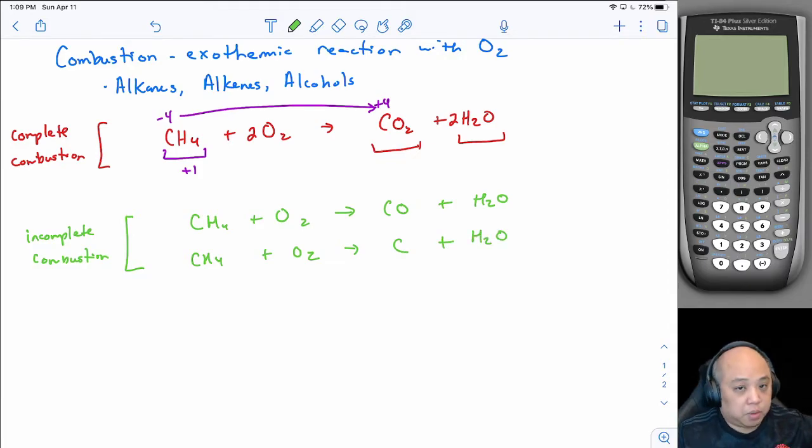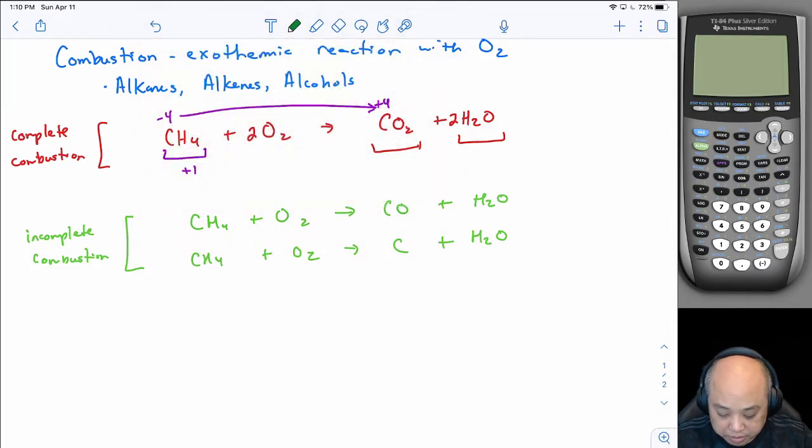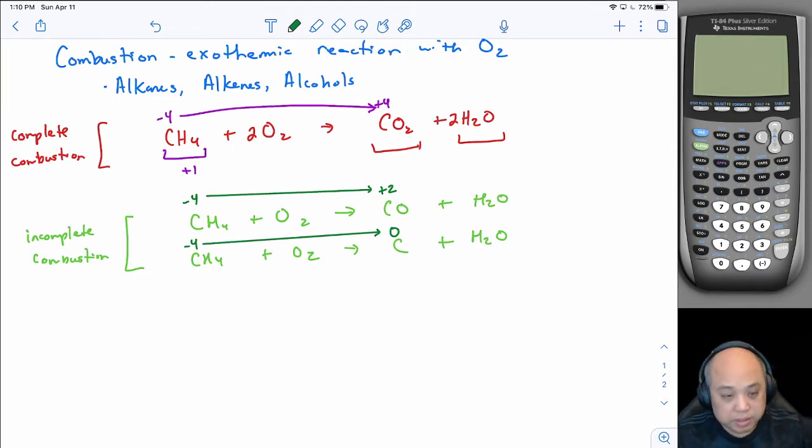In this case, you might be making carbon monoxide or carbon solid as your products with limited oxygen. You can see this based on the oxidation numbers, because here it's -4 and -4. But in CO, carbon is +2, and here carbon is 0. So the amount of oxidation that's occurring is less, because they're gaining fewer oxygens than in CO2, which is the maximum amount of oxygens that the carbon can gain.